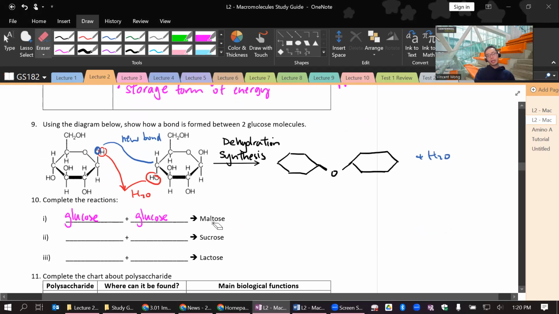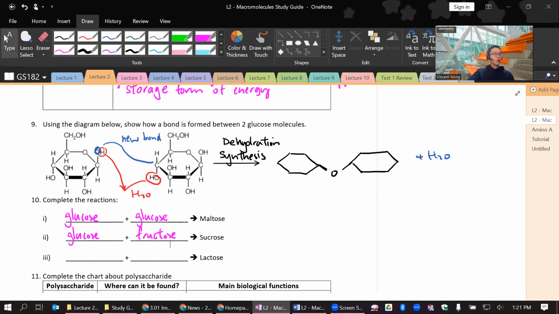If you take a look at the ingredient list of your chocolate bar, you will almost always find maltose in there. How do you get sucrose? You take glucose plus fructose. That's right. That's how you get sucrose.